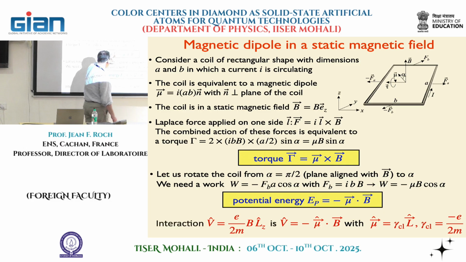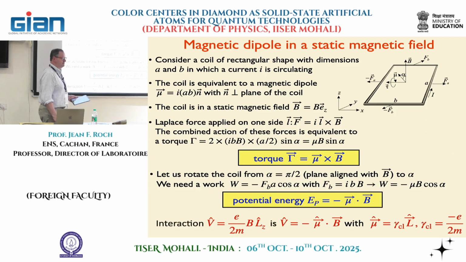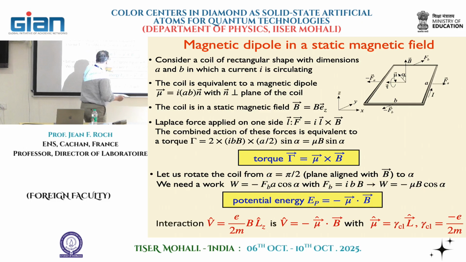The torque vector gamma is equal to the magnetic dipole mu cross the magnetic field B. This has the effect of aligning mu with B: the torque wants to align mu with B. So it's something you know.